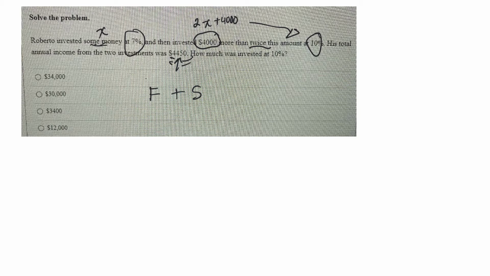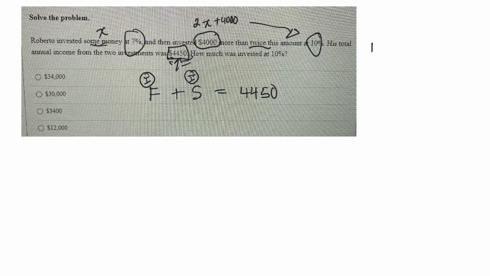And I'm looking at the interest from the first one and the interest from the second one, because this 4450 is the income from the investment. So that's the interest. His total annual income from the two investments. Yeah, so how much money he made was how much interest he made off of it. So the interest from the first plus the interest from the second gives him 4450.